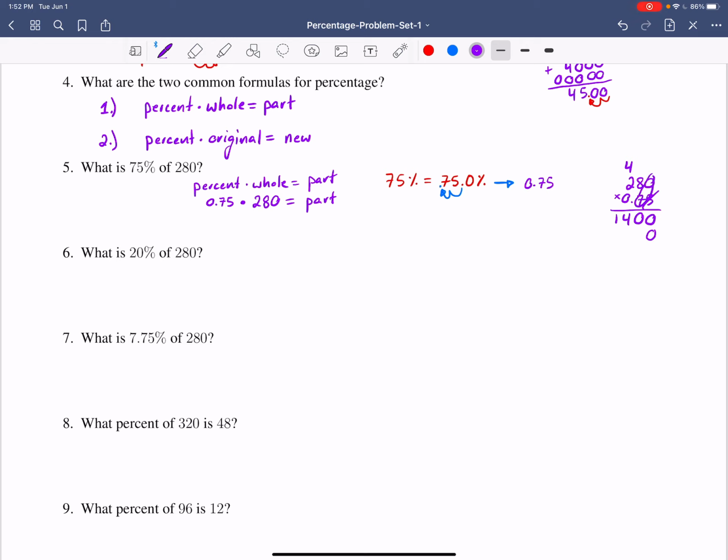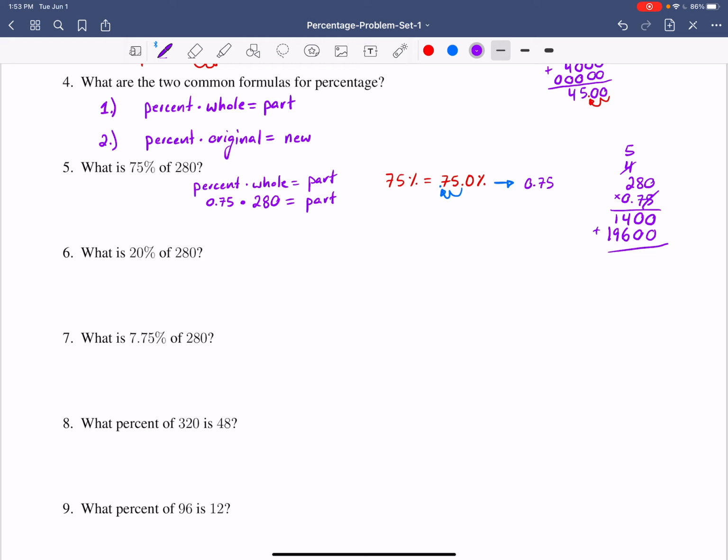Now 7 times 0 is 0. 7 times 8 is 56. So put the 5 up top, the 6 below. Now 7 times 2 is 14, but we still need to add this 5. So 14 plus 5 is 19.